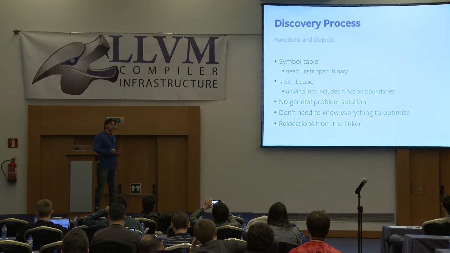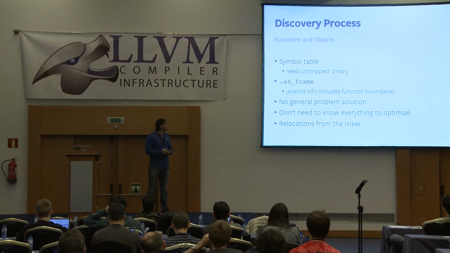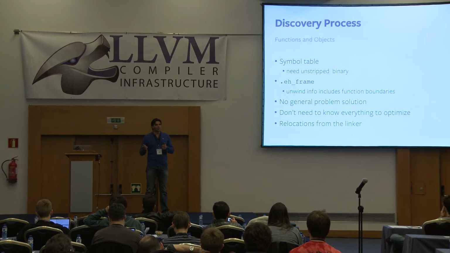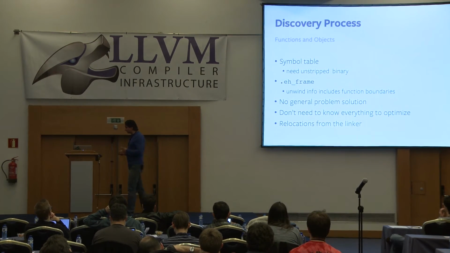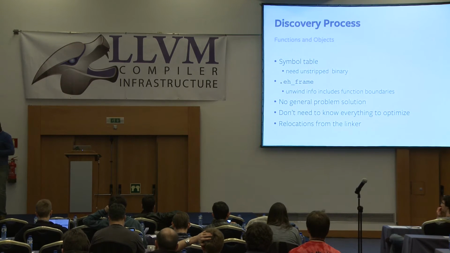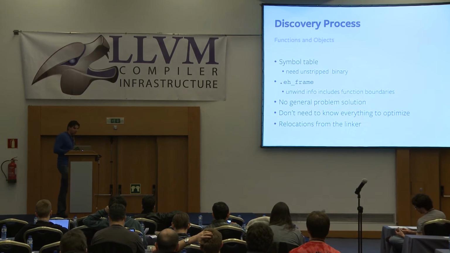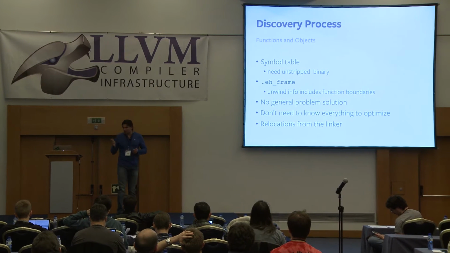There's generally no solution to finding function boundaries in a set of bytes. Once you try to solve the general case, you realize you run into something like a halting problem. But we don't need to optimize everything. We try to optimize only the parts of the binary that we know we understand.